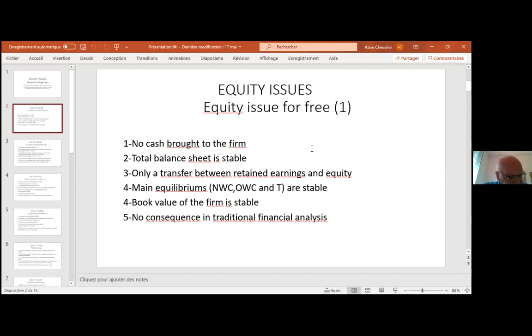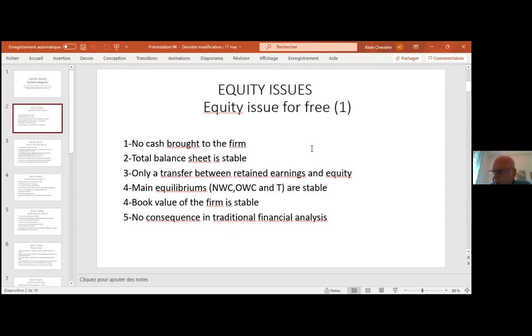If you increase the number of shares but don't bring any cash or any increase in other assets, the balance sheet will not really move. At least the main categories of the balance sheet will not move. You will have stability in the total of the balance sheet, both sides, of course.